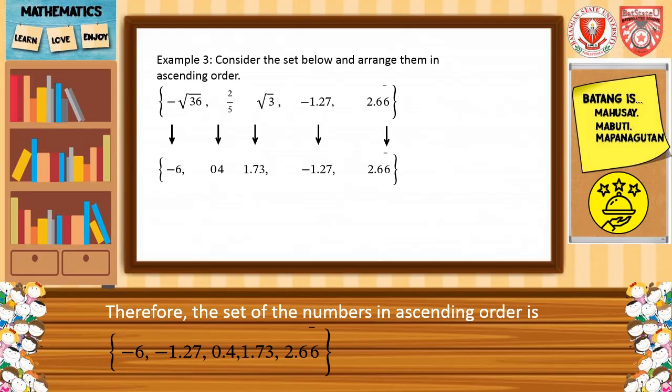Therefore, the set of numbers in ascending order is -6, -1.27, 0.4, 1.73, and 2.66.